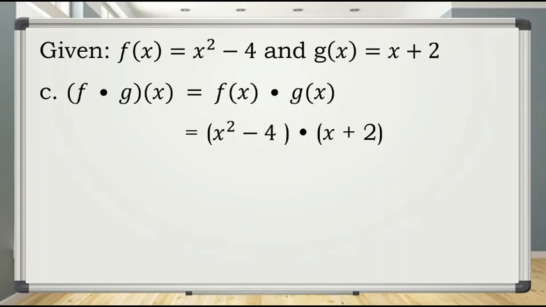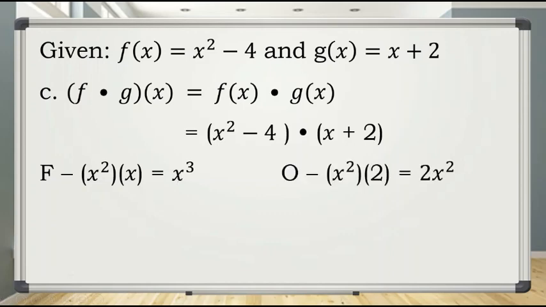Kung maalala nyo yung binanggit ko sa review na kapag there are two binomials, apply the FOIL method. So, isa-isahin natin. Ang F dyan, or the first, is the product of the x squared and x. So, ang product nun ay x cubed. So, i-add lang natin yung exponent and then copy the base.